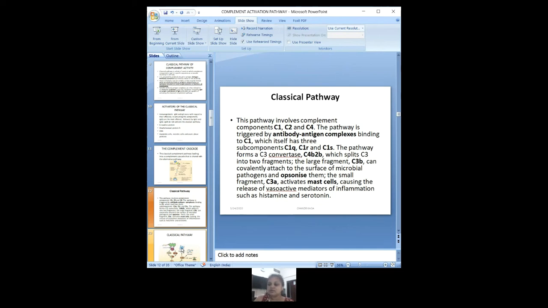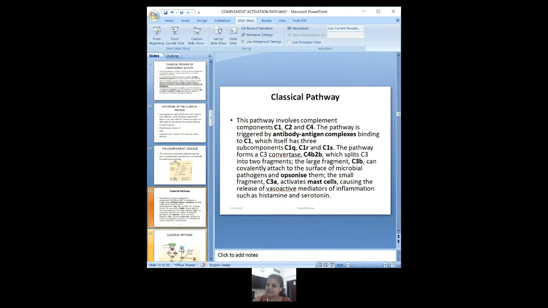It also causes cleavage of the C2 component into C2a and C2b. So the C1 complex, C1 esterase, on activation causes the cleavage of two components: C4 into C4a and C4b, and C2 into C2a and C2b.